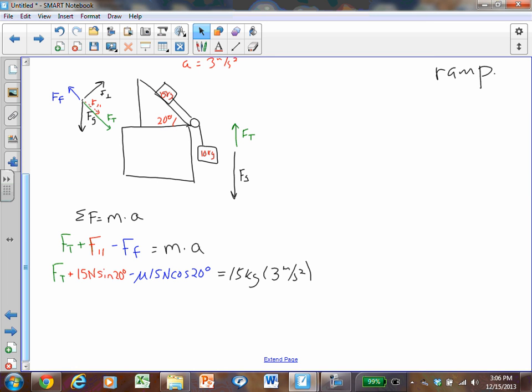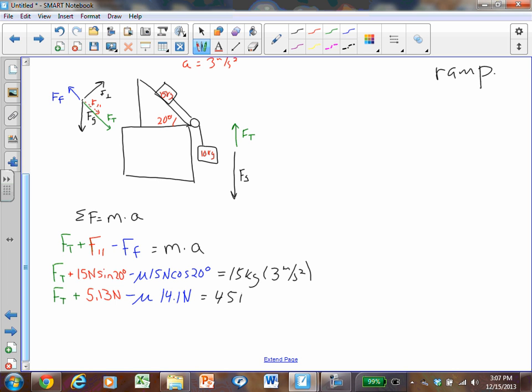15 times sine 20 is 5.13 newtons. And we don't know what mu is, but we can get the rest. 15 cosine 20, that's 14.1, and the other one's 45 newtons over here.